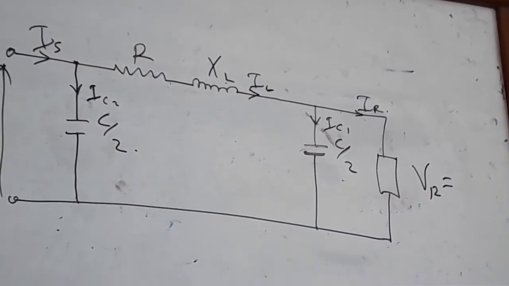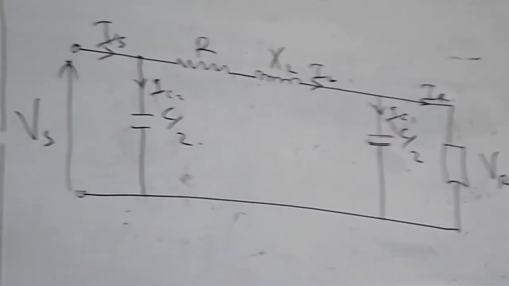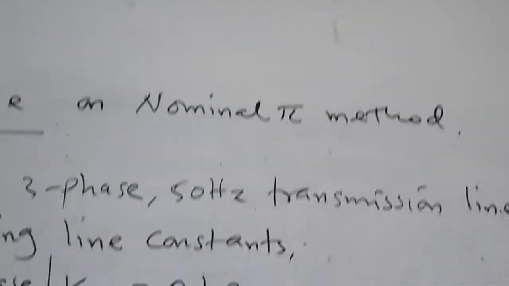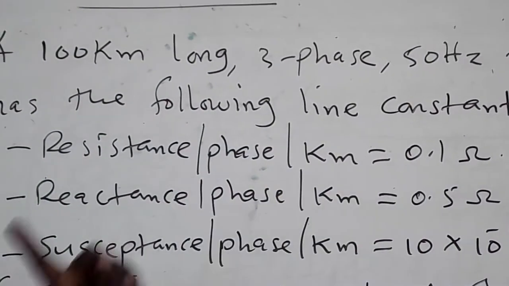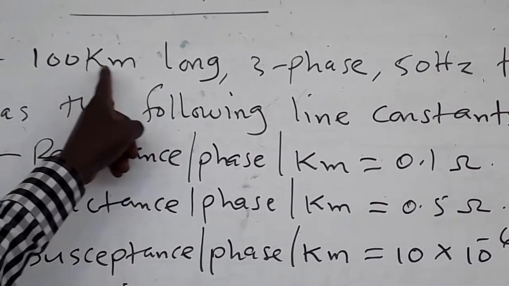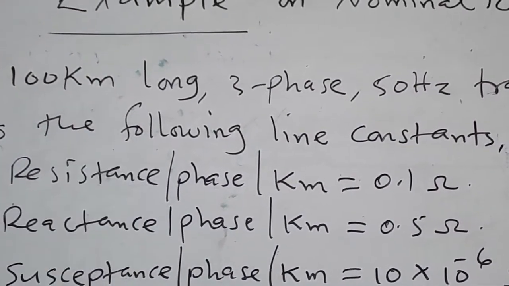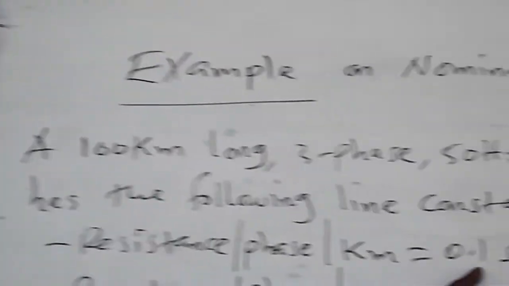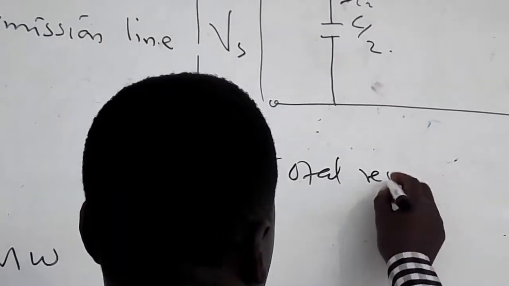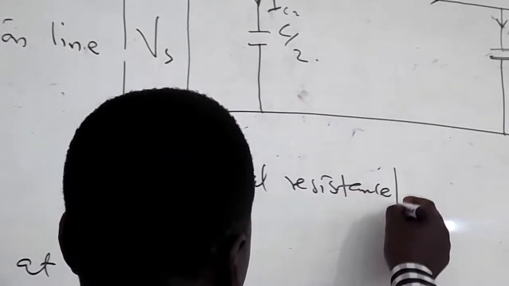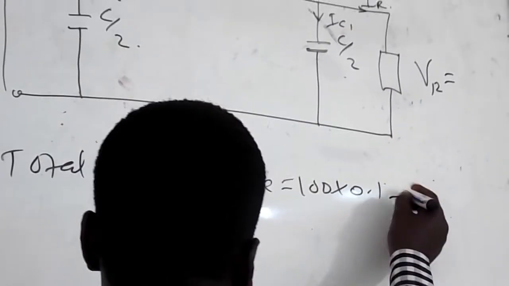So from the question, you can see that the resistance per phase per kilometer is 0.1 and the line is 100 kilometers long. So for me to get the total resistance of the line, I'll be multiplying 0.1 times 100. Therefore, total resistance per phase is equal to 100 times 0.1, that will give me 10 ohms.